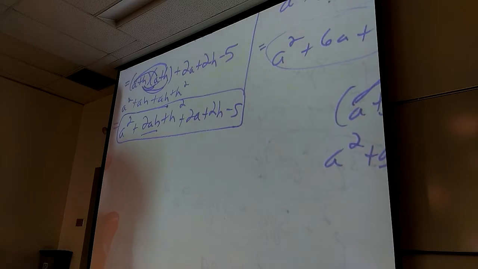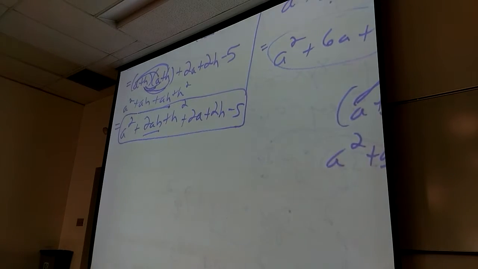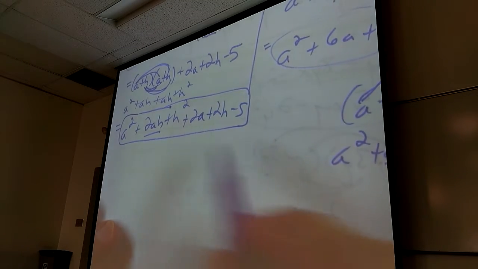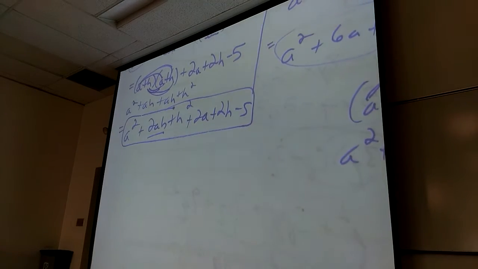They're already not like terms. Would I know that ahead of time? No. You FOIL, you distribute, you put like terms together. There just happen to be no like terms on this step. You didn't have to know that ahead of time.